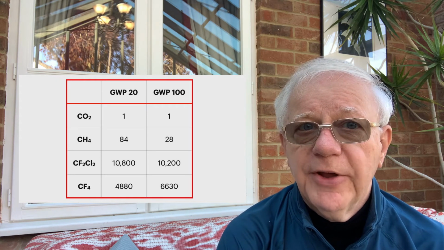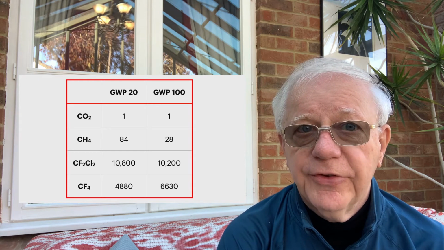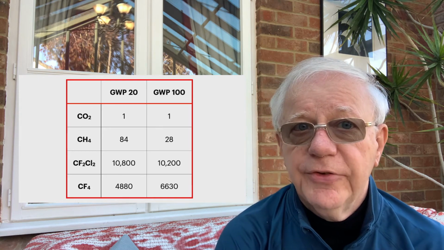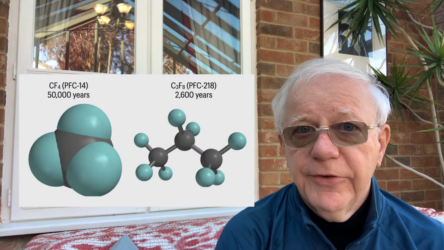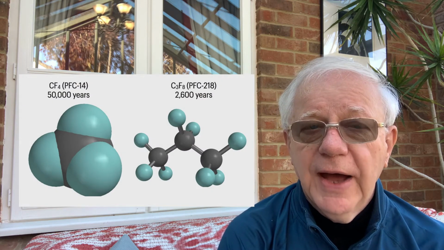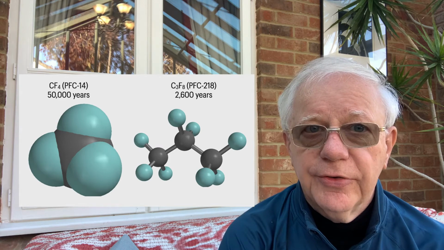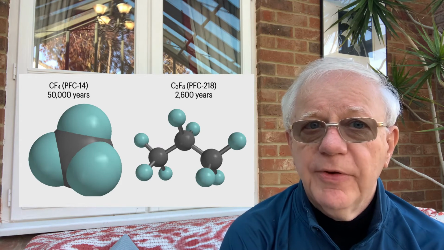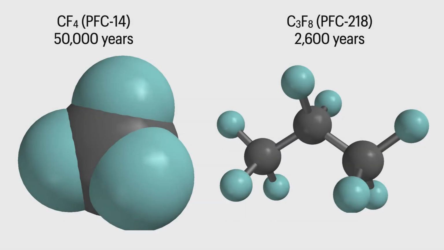We can see that replacement of chlorine by fluorine, as in CF4, can reduce the GWP, but relative to CO2, this increases with time, implying a very long residence time. This has only been estimated, but at 50,000 years. The carbon-fluorine bonds are extremely stable.